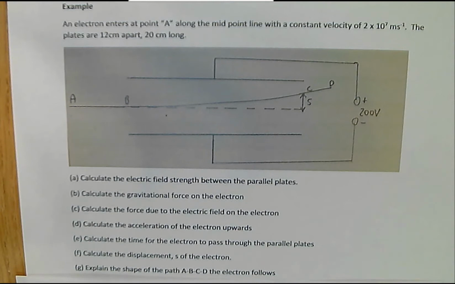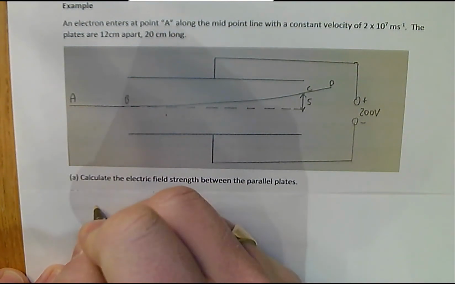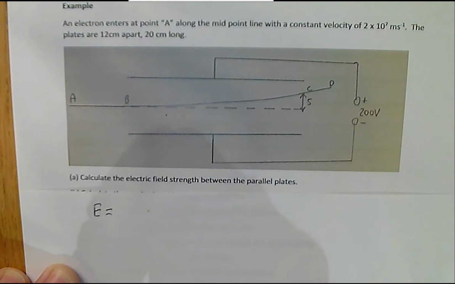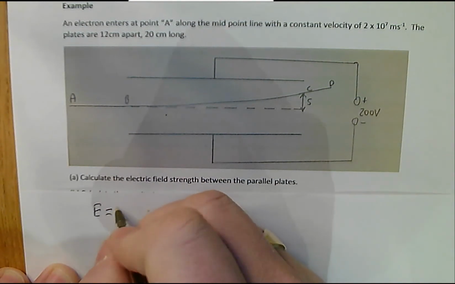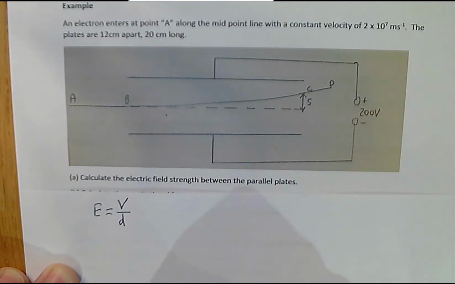Okay, so we'll start with the first question there. Calculate the electric field strength between the parallel plates. So here the electric field is uniform, and the relationship for the electric field strength between uniform plates is that the electric field is the potential divided by the separation between the plates.